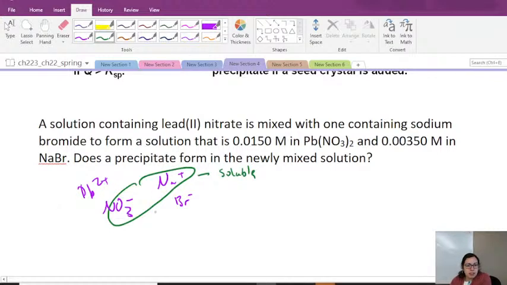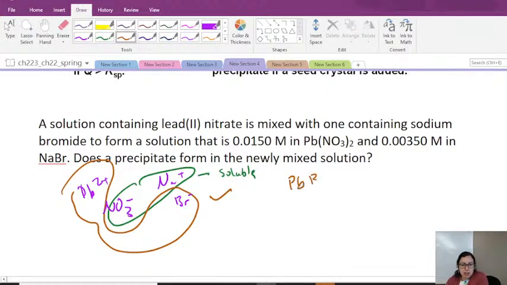We could go back to solubility rules, but if we remember, sodium's usually soluble, nitrates are usually soluble. And so exactly, that leaves us with our lead bromide. And so this is going to be our insoluble compound.